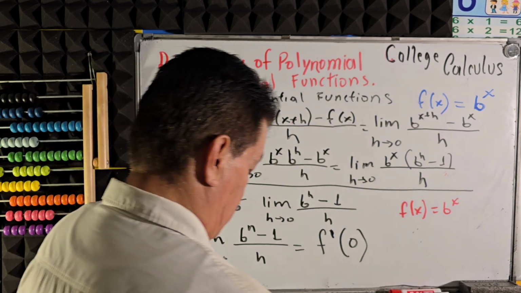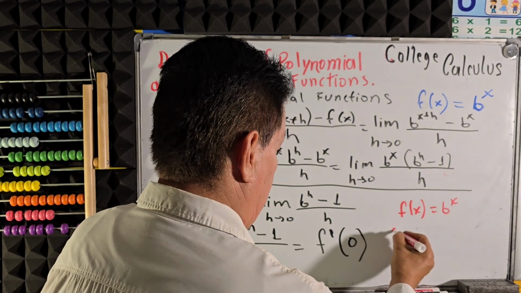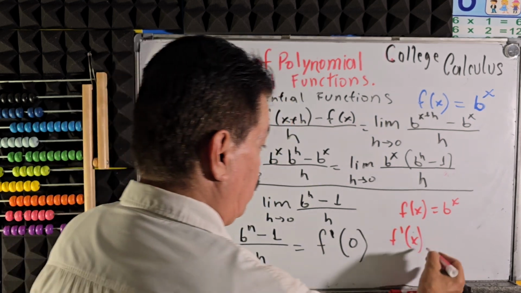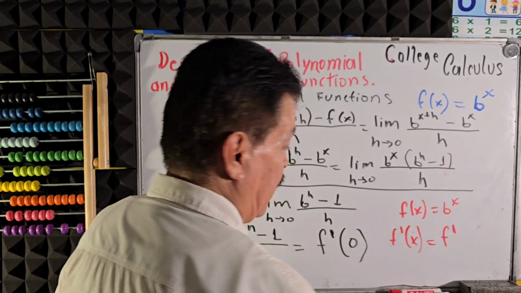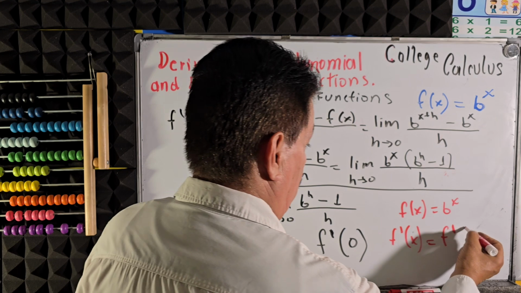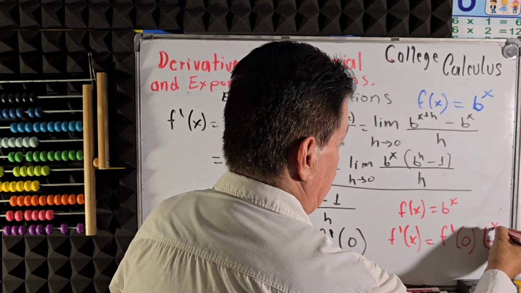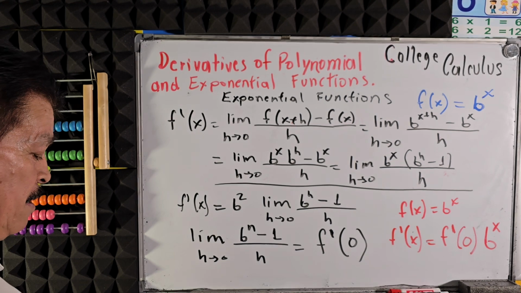We will have the derivative of f of x equals f prime of 0 times b to the x power.